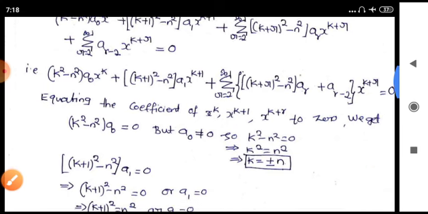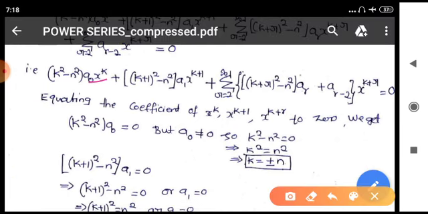Now equating the coefficient of x power k, x power k plus 1 and x power k plus r to 0, we get from the first term the coefficient of x power k is (k square minus n square) into a naught equal to 0. So this will imply either k square minus n square is 0 or a naught is 0.